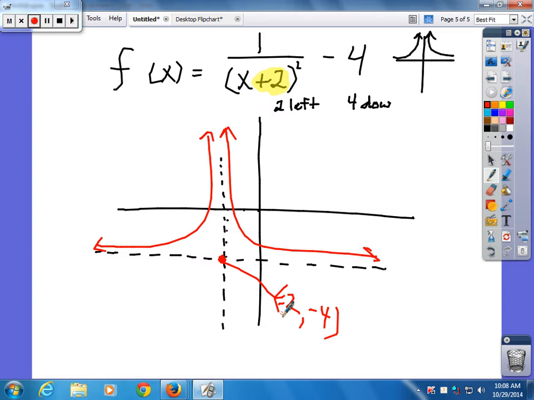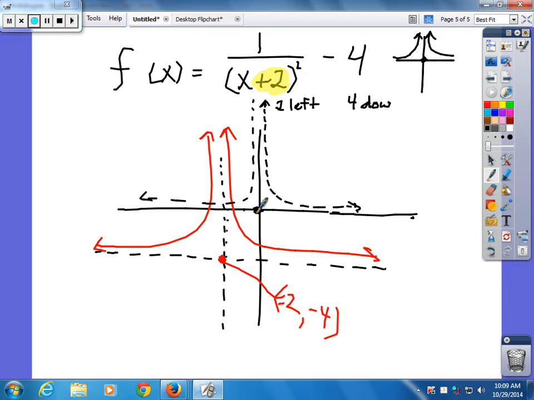Now you can call it the origin or you can call it the vertex. It doesn't matter. The whole point is you got to have one point that you move to the left or right and up and down. And that point for this base function is that point right there.